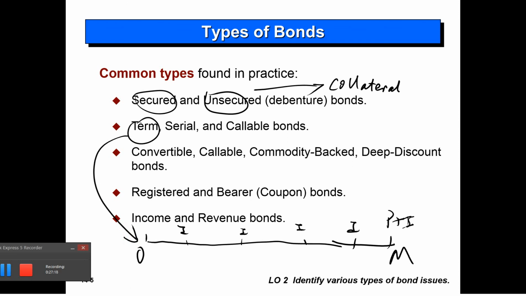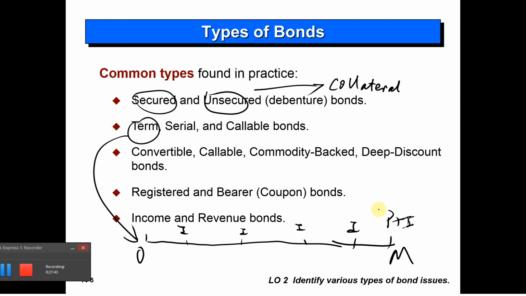Then, what are serial bonds? Bond issues that mature in installments are called serial bonds. What does maturing in installments mean?